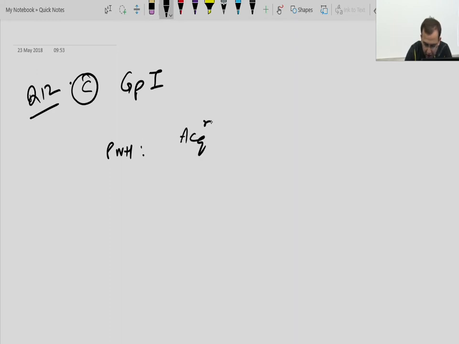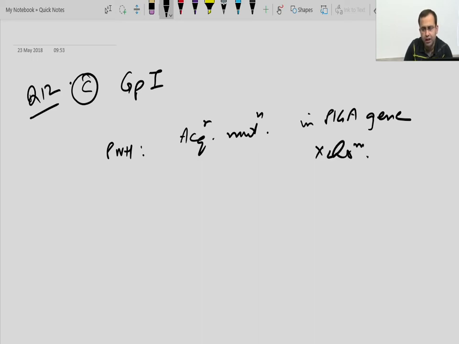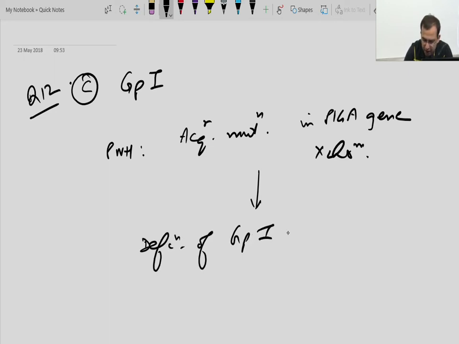It is an acquired mutation in PIGA gene present on X chromosome, which in turn leads to deficiency of GPI linked anchor proteins.